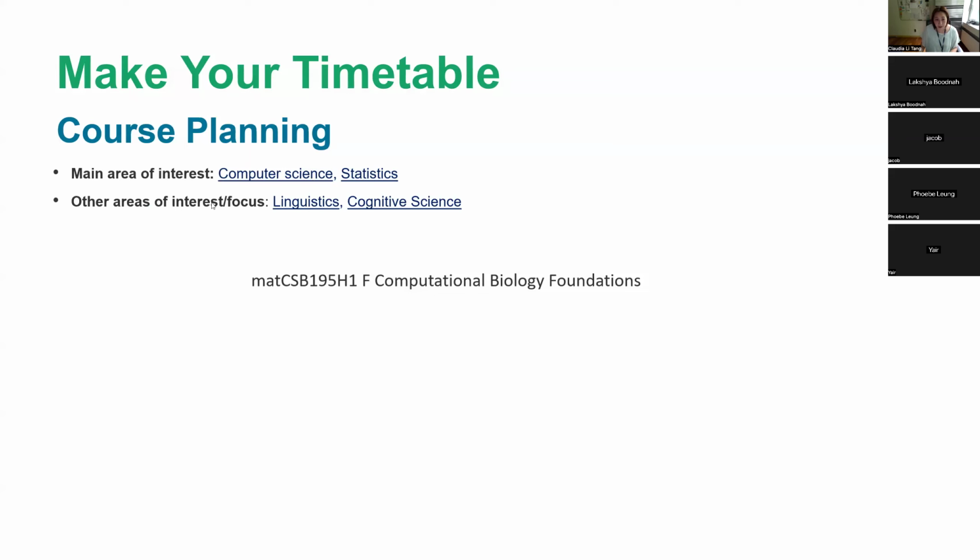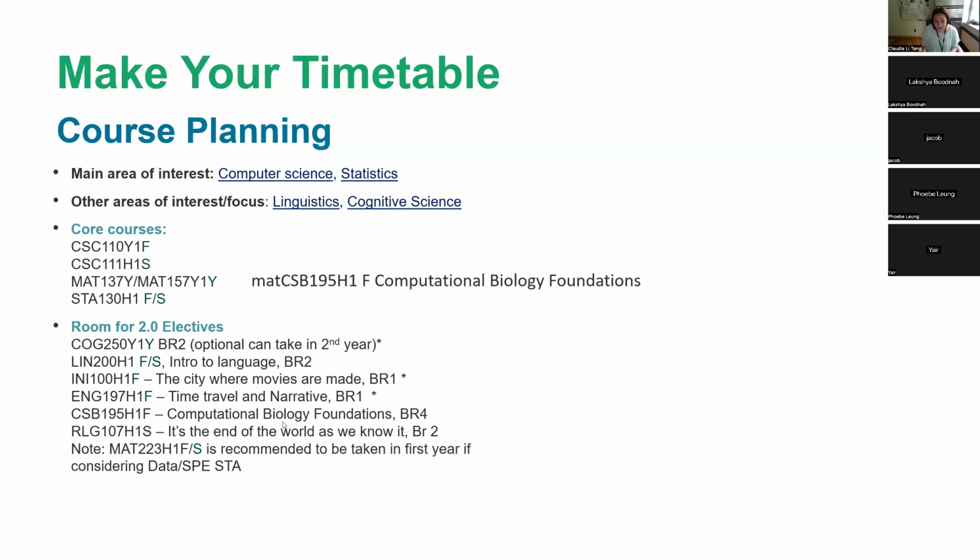I would list them and also look up other interest areas or focus, so maybe I'm interested in linguistics and cognitive science. This is what I list out as my core credits that I need to take. I put them in priority, and then also come up with a list of courses for my electives. Again, you will put them in some sort of order of priority.